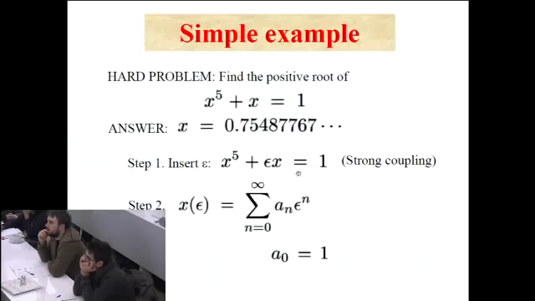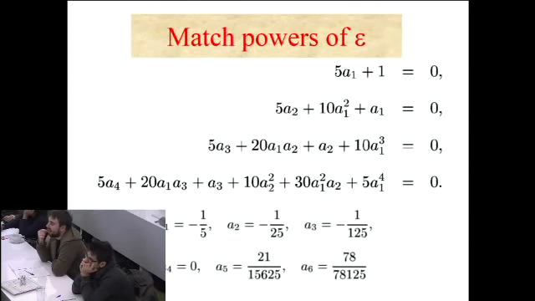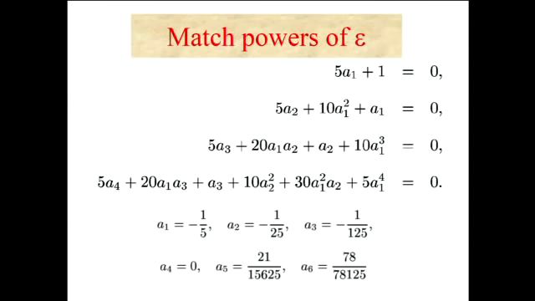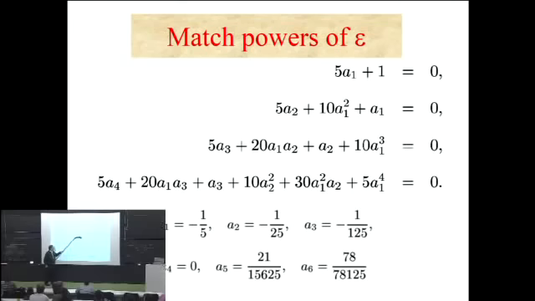This is the problem that we've been talking about, and here is the exact answer. You can put it on a computer and find the exact answer. This is the problem that we solved, and if you want to go through the trouble, this is what the sequence of easy problems looks like. This is what the coefficients look like.